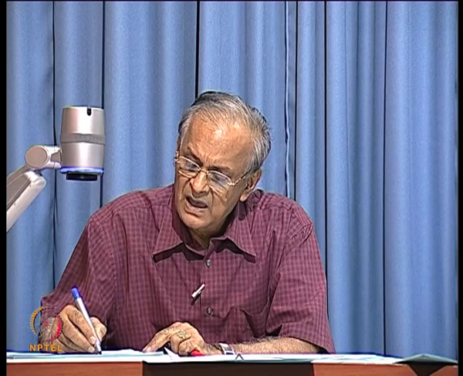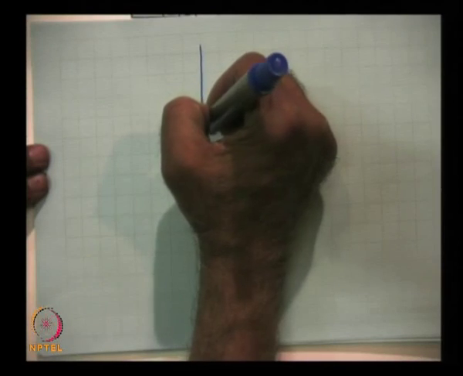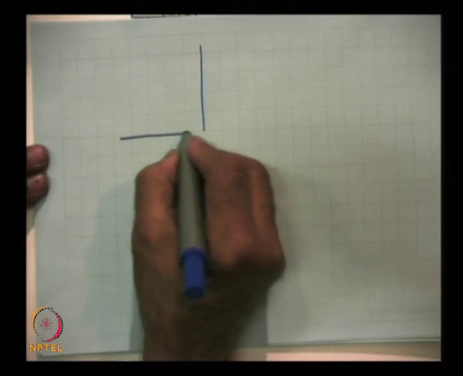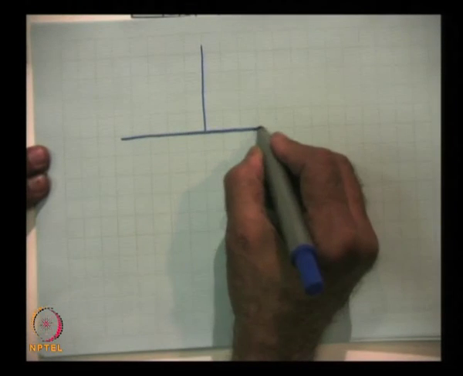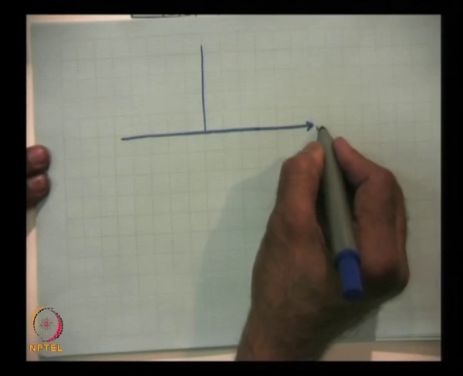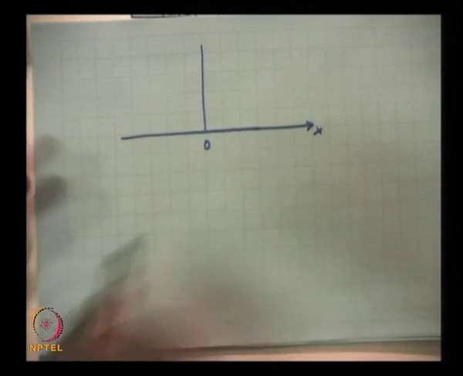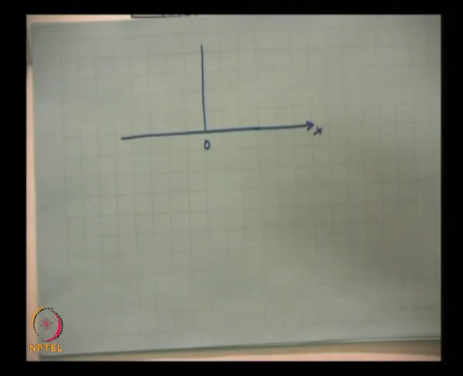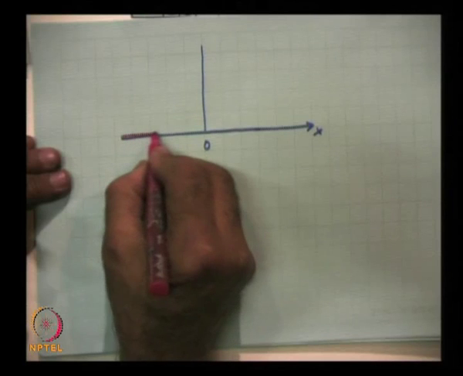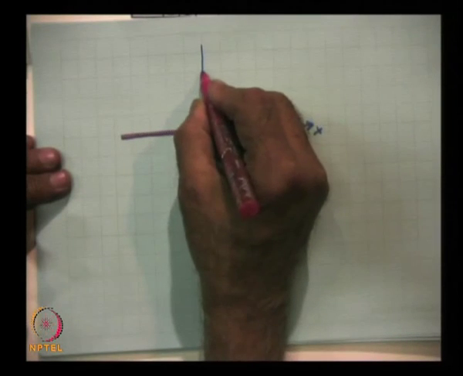So, let us suppose that at x is equal to 0, this is my x axis and this is the origin. At x is equal to 0, there is a step potential like this.